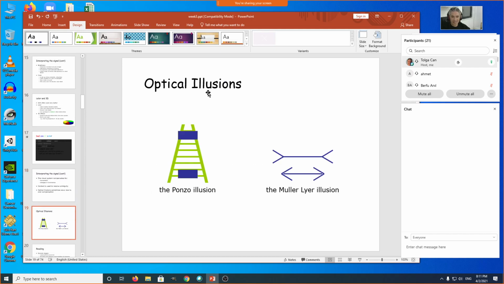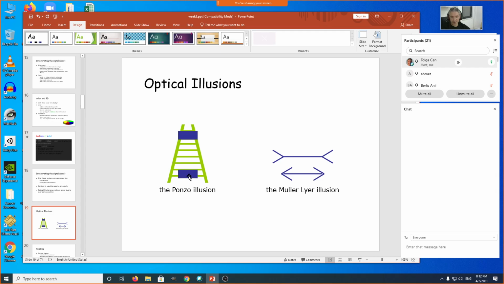optical illusions like this. For example, because we think that this is a ladder, our expectation is that this ladder has two sides that are parallel to each other. So we try to perceive it as parallel, and therefore an object sitting here on the ladder is perceived as longer than an object that is here.